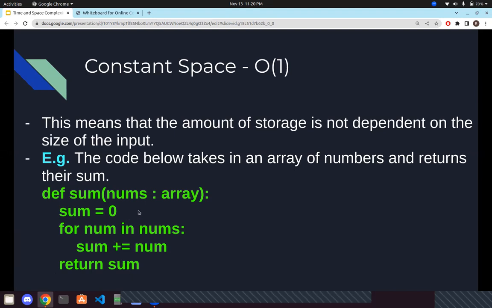Now, it doesn't matter how many elements are in this nums array. There could be 1, there could be 1,000,000, there could be 1,000,000,000. We would still only have this one variable sum. This sum would be the same regardless of how many elements there are in the nums array. So because of this, this would be an example of constant space.